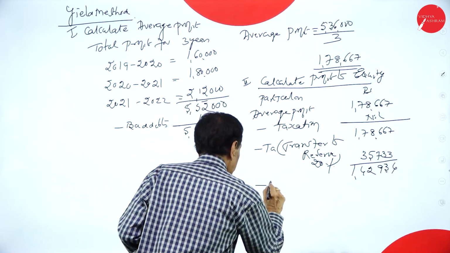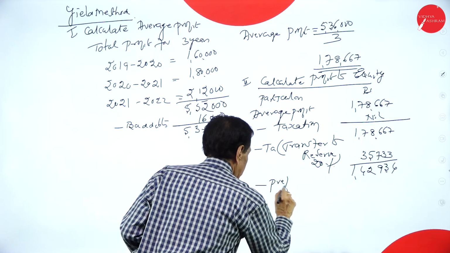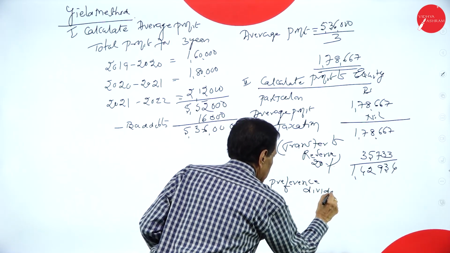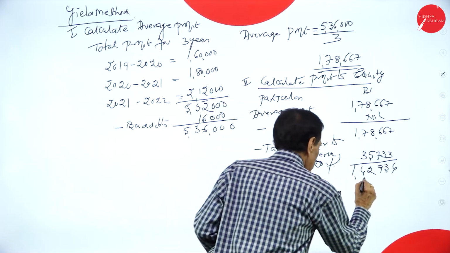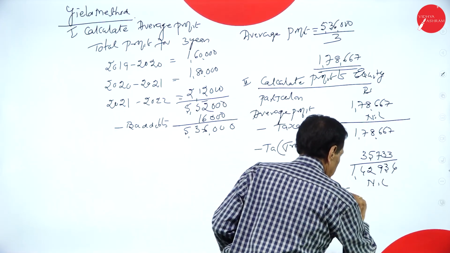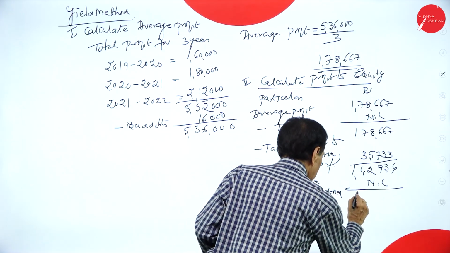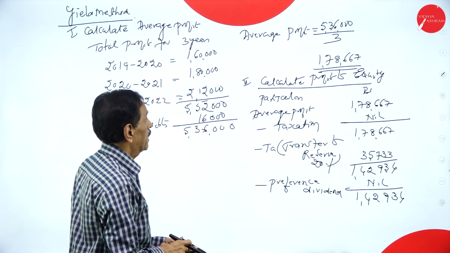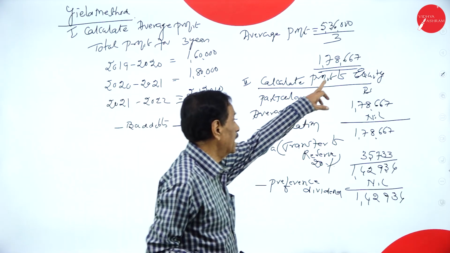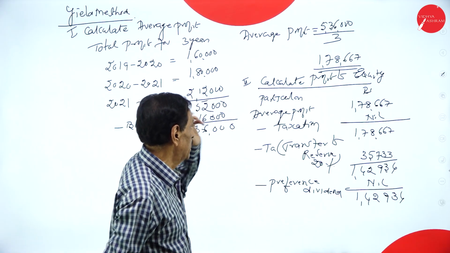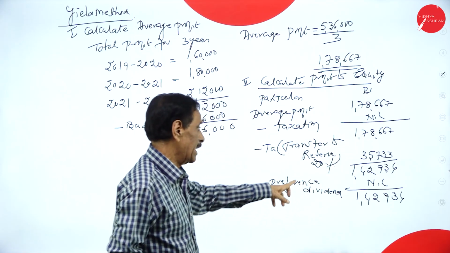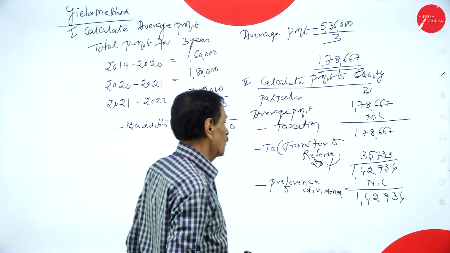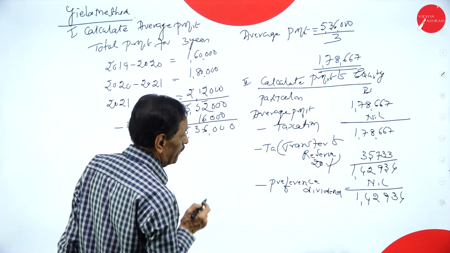Minus preference dividend, nil. There is no preference capital. Once again, it is 1,42,934. Your average profit is 1,78,667. There is no taxation. Transfer to reserve 20% on this, 35,733, gives 1,42,934, minus preference dividend.